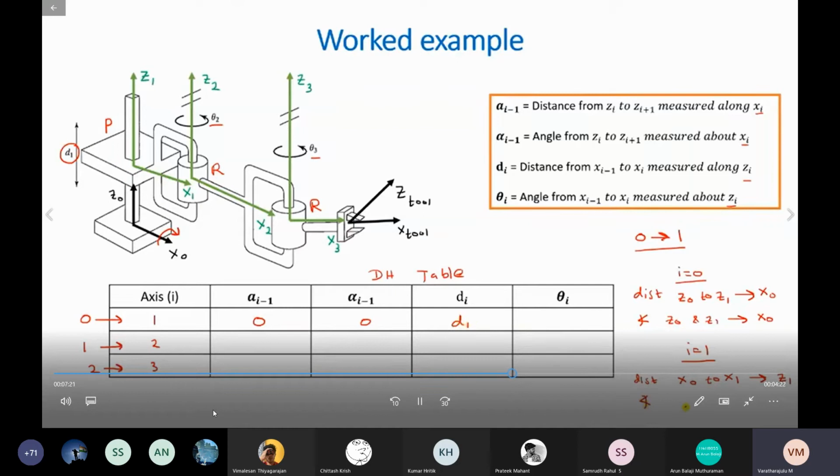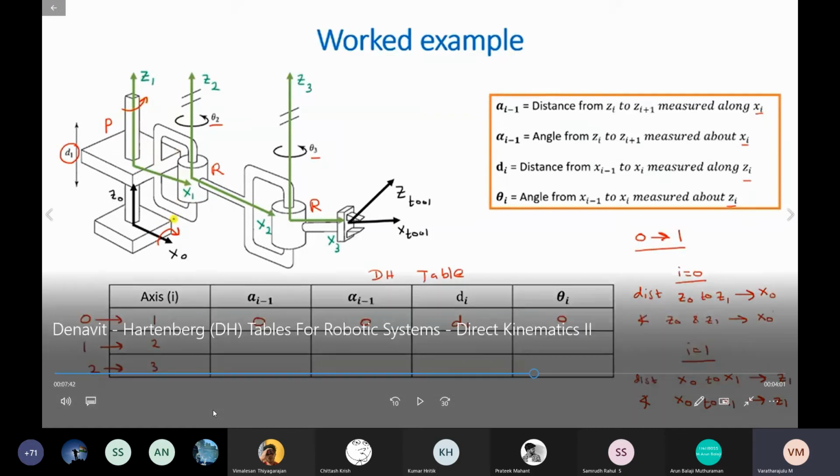Whereas the angle from x0 to x1 about z1 would be 0. And this is because of how we can rotate our x0 to match up with x1 about z1. They're both in line and both point in the same direction.